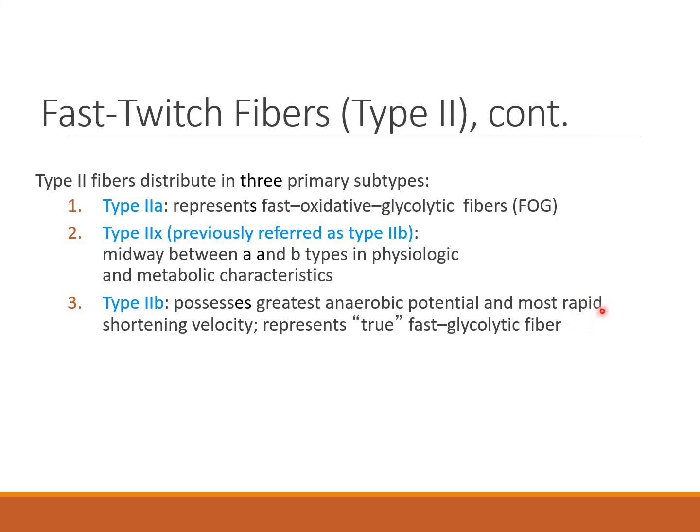These are the fastest ones. These ones are going to contract the quickest, then these ones, and then these ones will be the slowest of the type 2. If you go back to that table I showed you and those bold important things, you'll be able to reference back and differentiate between these 3.